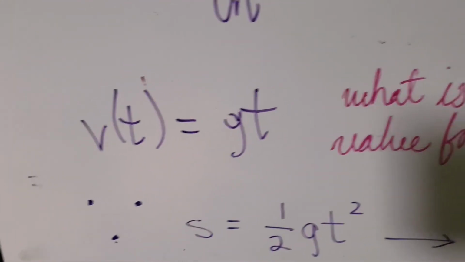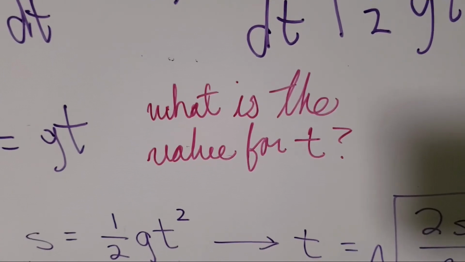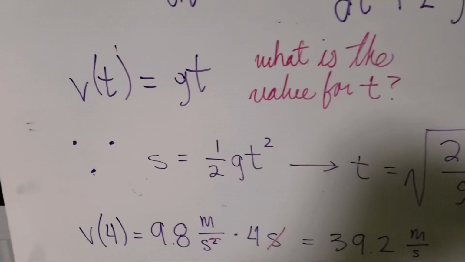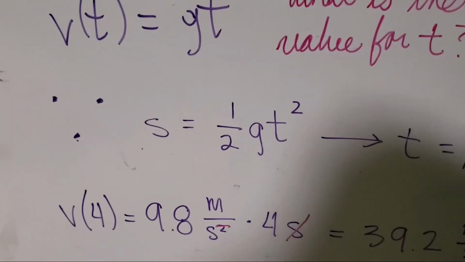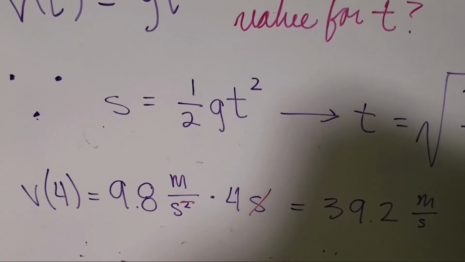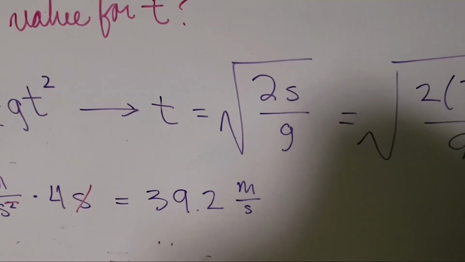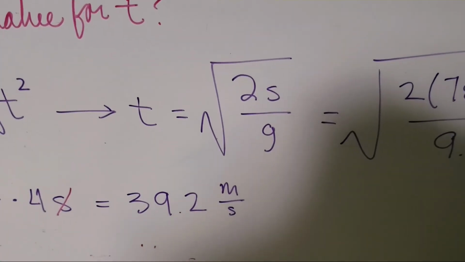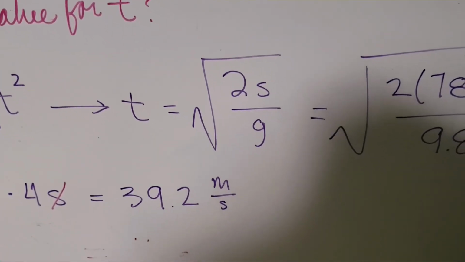Now, you gotta wonder, what is the value for t? Well, it turns out that because the position function is s equals 1/2 gt squared, that's indicative that t, using algebraic manipulation, is equal to the square root of 2s divided by g.